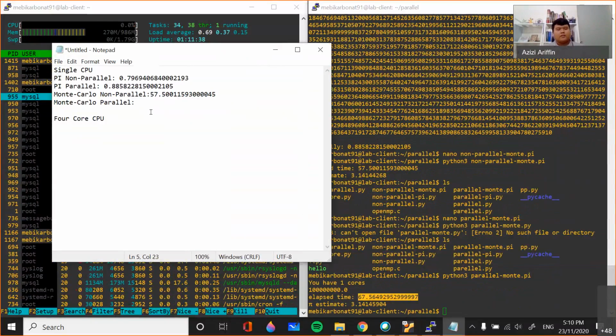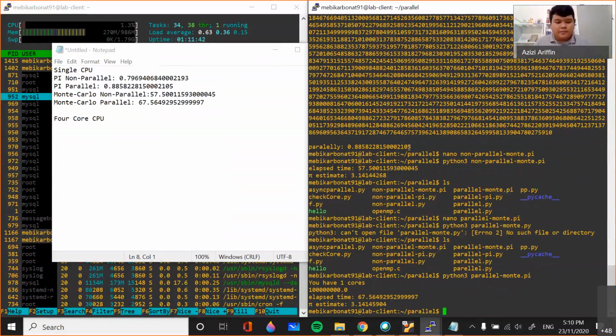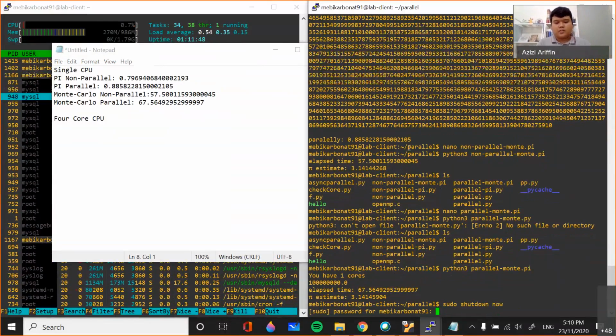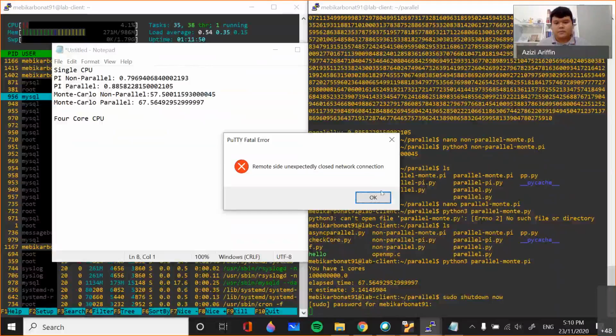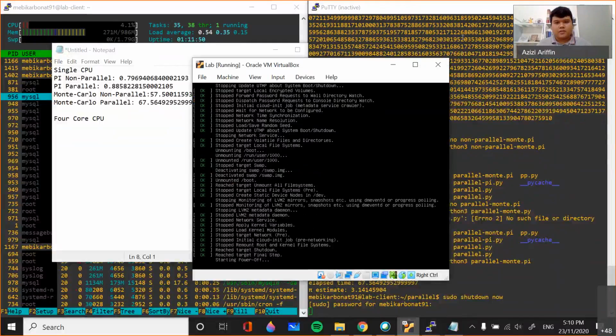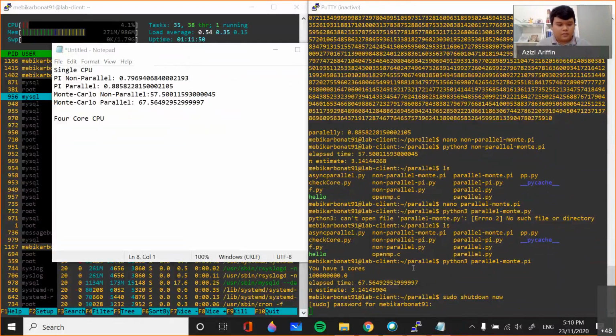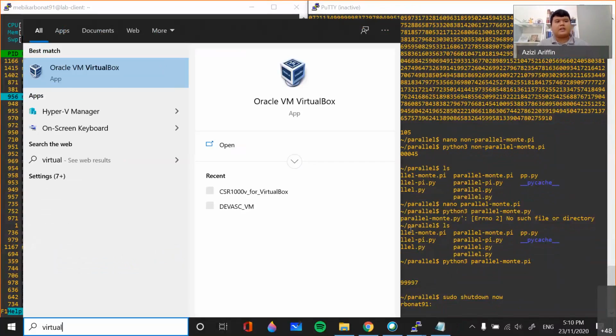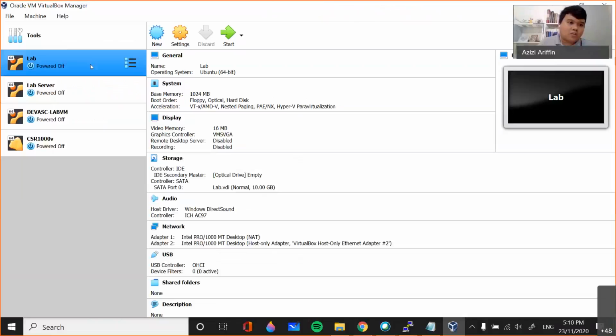This is for parallel. Right, okay, so saya akan shutdownkan VM ni. Shutdown. Okay, so saya akan buka balik tapi saya akan assign 4 core CPU.